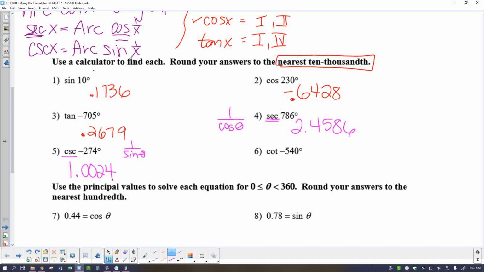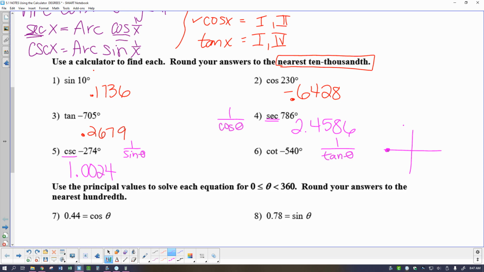All right, number 6. Oh my gosh, it's cotangent. Well, you could type this in your calculator, and it would be 1 over tangent of theta. What happens is it says can't divide by 0. Well, why is that? We should start recognizing. Well, 540, where does that land you in terms of the unit circle? Lands you here. How do I get that?